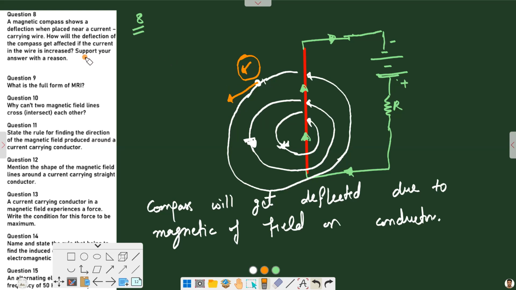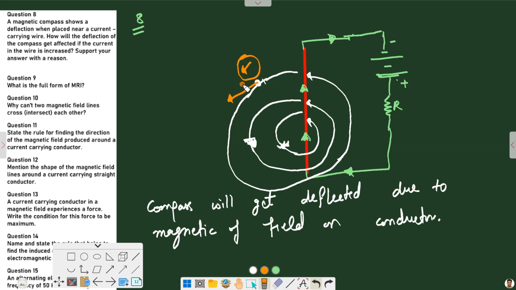Now, what will happen if we increase the value of current? As we increase the value of current, this compass will orient itself more and more towards the direction of the field, and after a certain value of current, when the compass has already aligned itself with the direction of the field, there will be no further rotation.